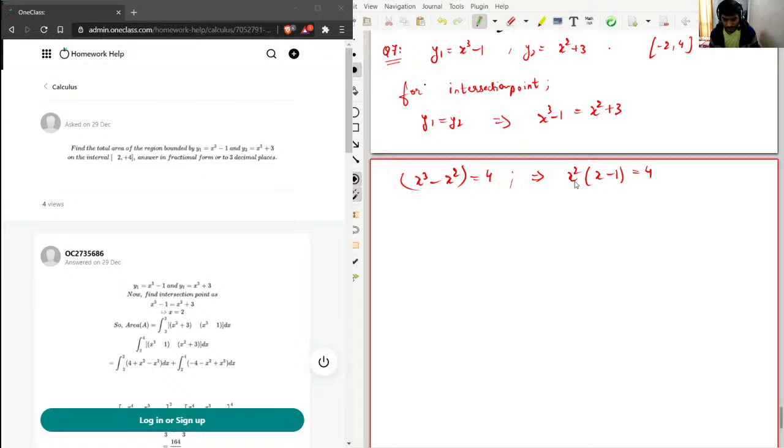And let's say if my x is 2, I can go for 2, right? So I'll just do the hit and trial method. In this equation, I'll put the value of x as 2. 2 cube will be 8 minus 1 is 7, and 2 square is 4 plus 3 is 7. So yeah, x equal to 2 is an intersection point.